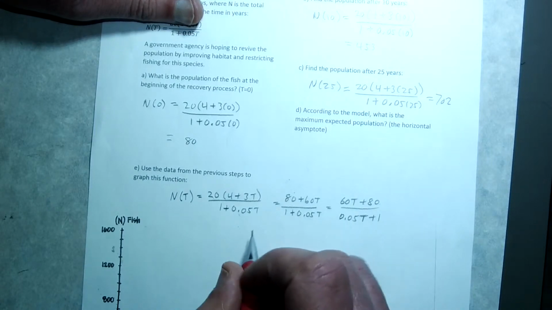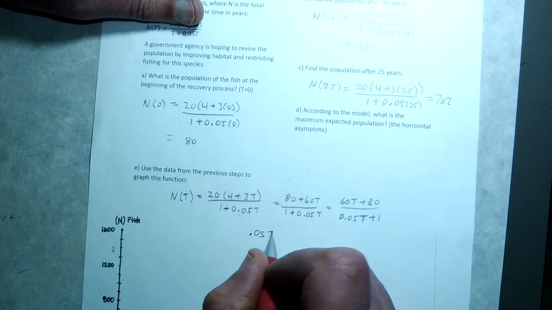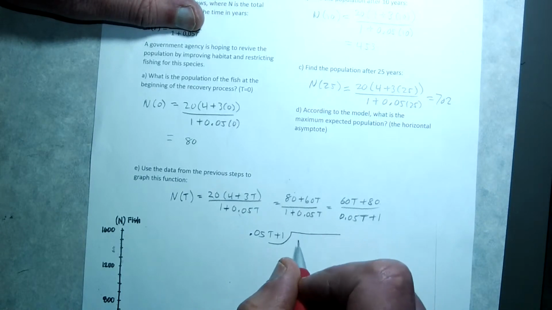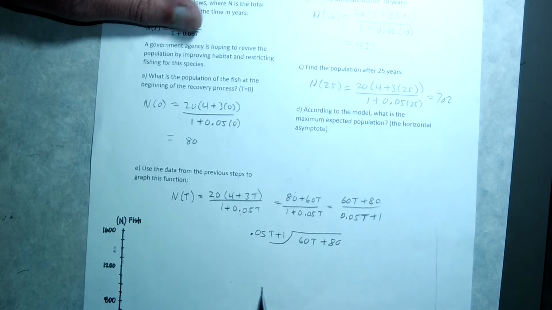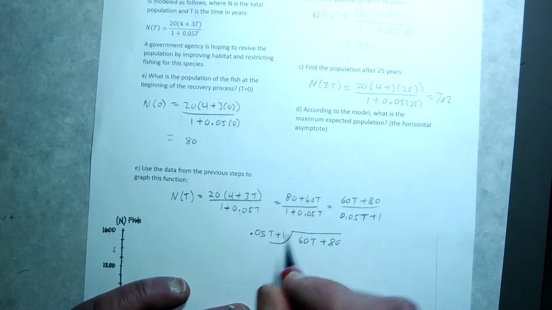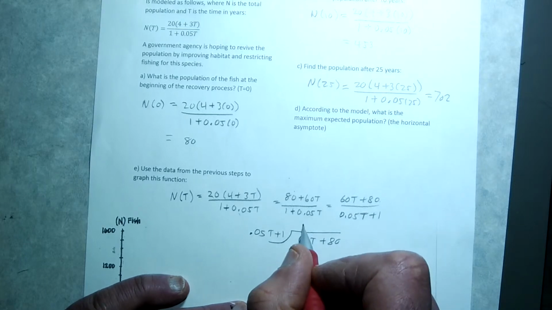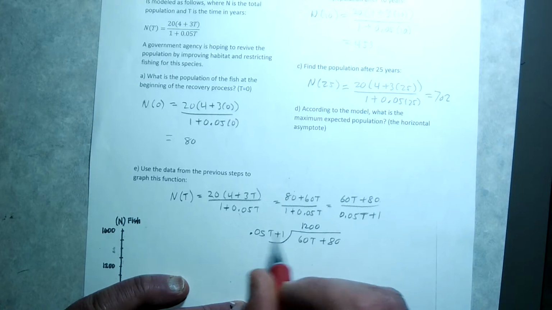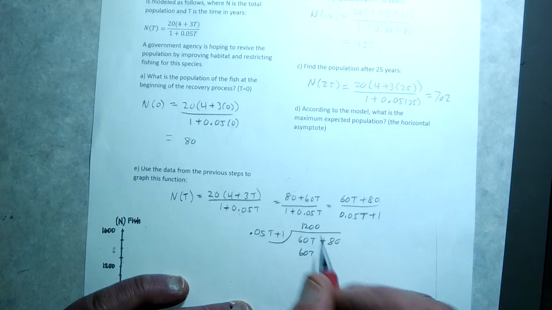And if I do that long division, set it up like this, 0.05t plus 1 divided into 60t plus 80, it turns out that 0.05 divides into 60 1200 times. So if I multiply my divisor by 1200, I would get 60t plus 1200.